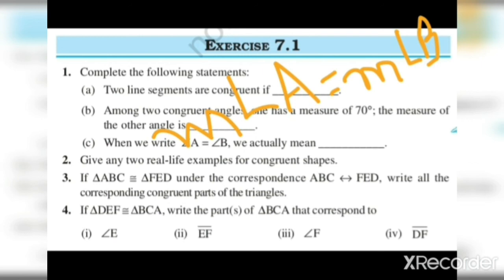Okay? Question 2. Give any two real life examples of congruent shapes. This you try by yourself.